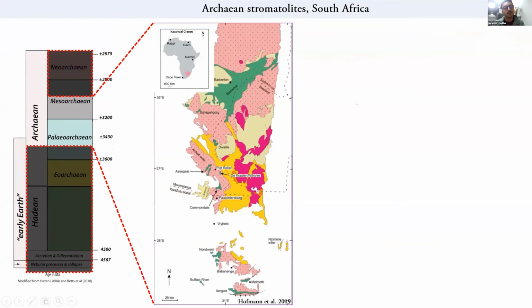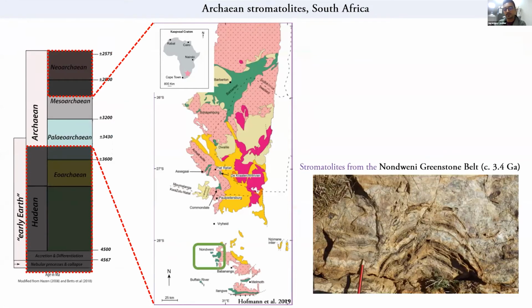When we move further south of the Barberton Greenstone Belt to the Nondweni Greenstone Belt, we have the most undisputed evidence of life. This comes in the form of stromatolites, which are mostly domical in nature, and these are structures created by microbes.